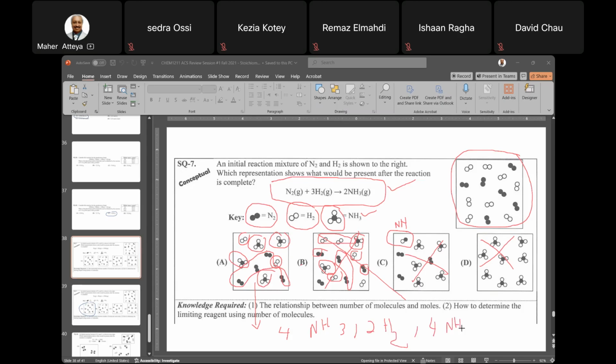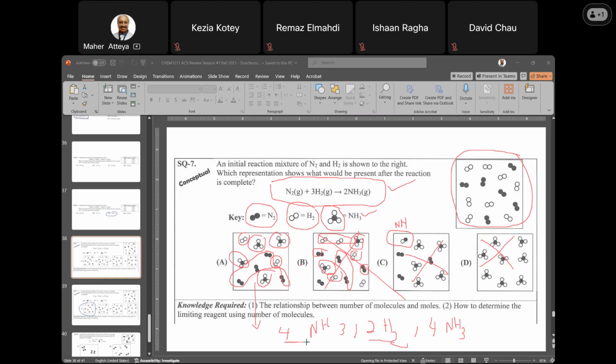But is the ratio correct? Look at me, if the ratio is correct. Somebody tell me if the ratio is correct. So we have 2 hydrogens and 4 ammonia, and how about nitrogen? Nitrogen is not ammonia here. This is nitrogen. Guys, the ratio is not correct. The ratio is not correct.